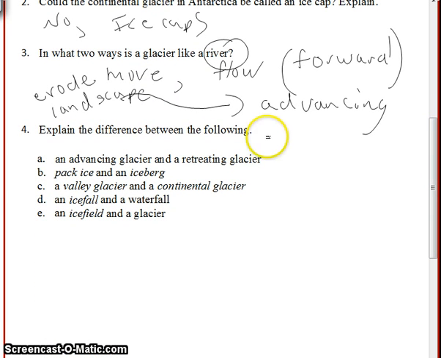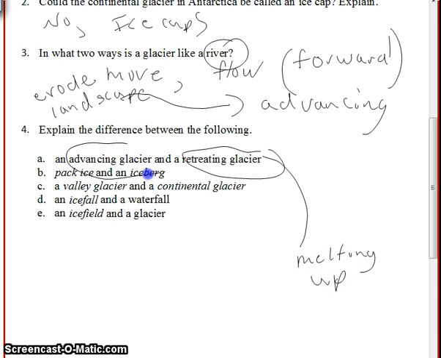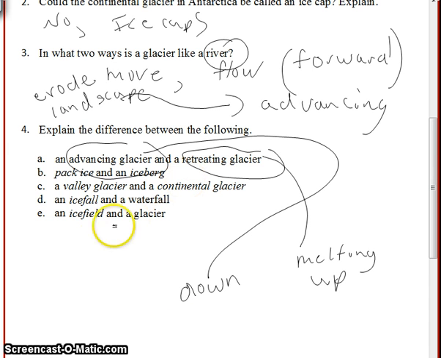Next, what's the difference between some of these terms? So first one, an advancing versus a retreating glacier. A retreating glacier is basically melting and going up the mountain. An advancing glacier is building, so it's moving down the mountain due to gravity. What's the difference between an ice pack or packed ice and an iceberg?